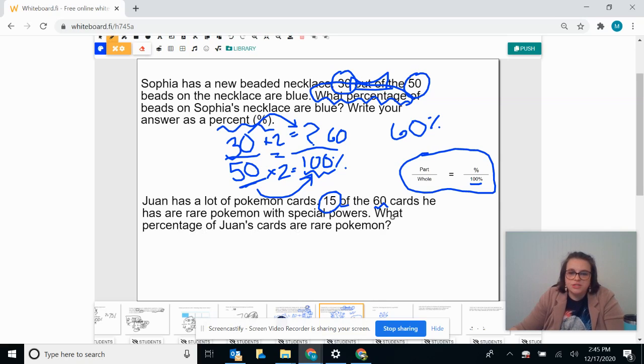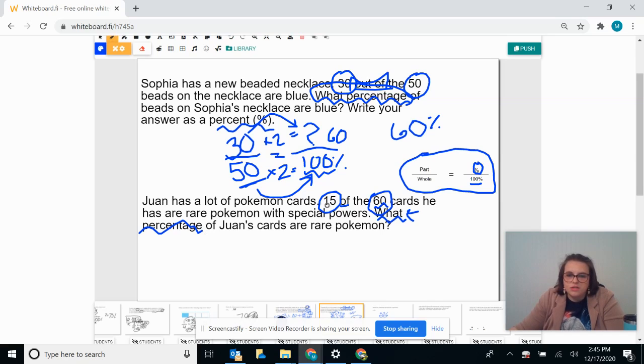What percentage of Juan's cards are rare Pokemon? All right. So when I look at my formula again, I know that I am looking for percent because it's asking what percentage. So I don't know my percent yet.